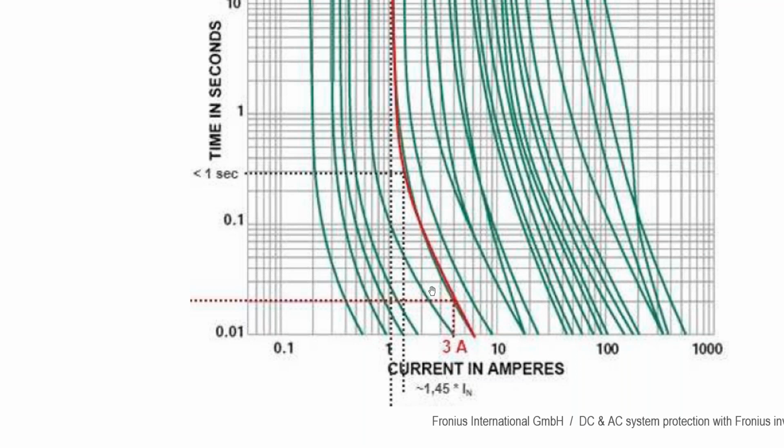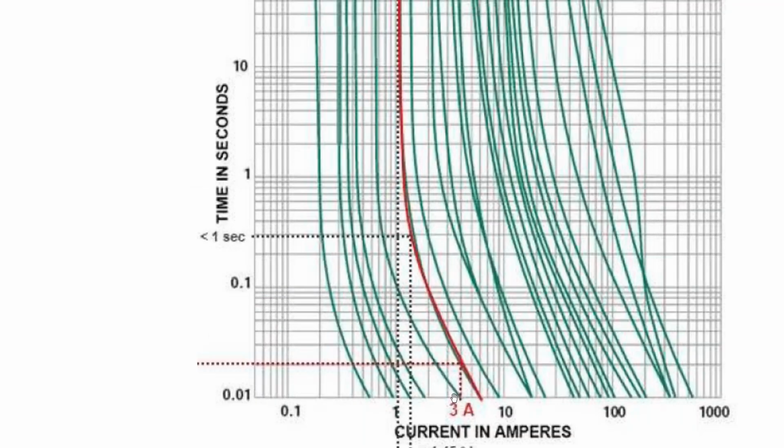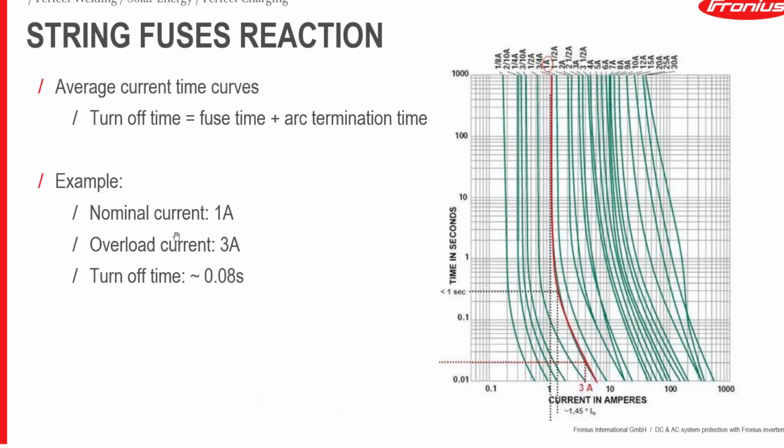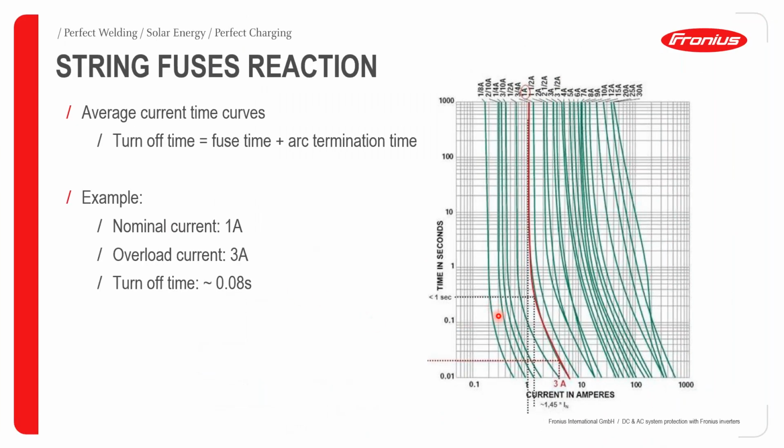So for a current of 3 amps, if you follow this red line, so this is 3 amps, and trace it from where it touches the curve, we are now going to get the time it will take for it to turn off or to rupture. Which is given by this particular point here. And that is what is depicted here, the 0.08 that has been depicted earlier. So that's basically the description of this particular time graph.